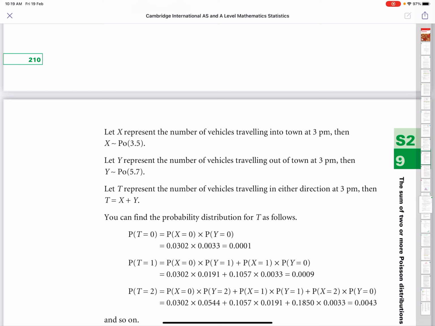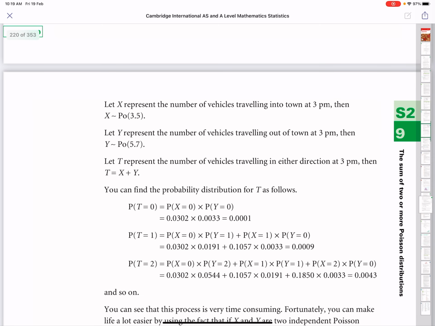So when I do the probability of total 1, there's two scenarios that you need to consider: 1 car entering, no cars leaving, or 1 car leaving, no cars entering. So you do the probability of this times this, probability of that times that, and add them together. However, as we start to add more numbers on, it becomes more and more complicated. As soon as we get to 2, it goes from 2 calculations to, I think, 3 calculations.